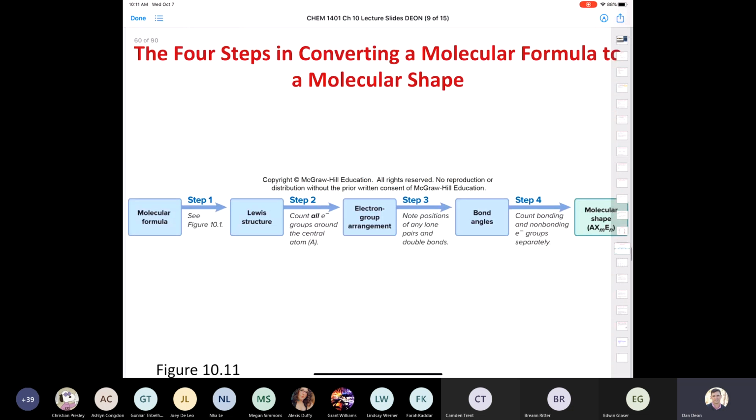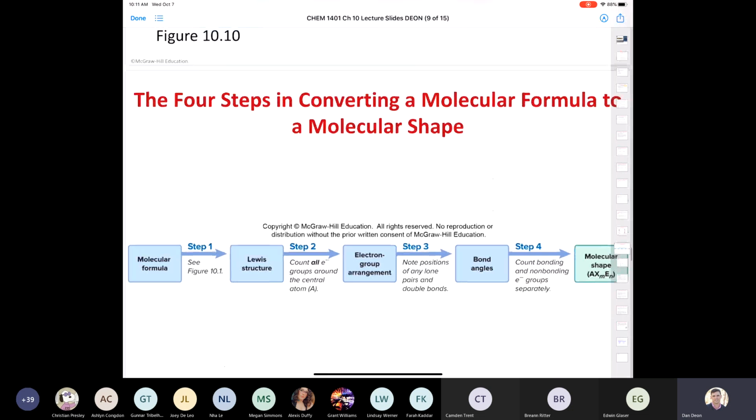Let's see here, the 4 steps for converting a molecular formula to a molecular shape. You can use this if you want. It's a guideline put forth by Dr. Silverberg in the textbook. Look, Mr. Dion's way is just draw yourself a good Lewis structure and then maximize the distance between everything as possible.